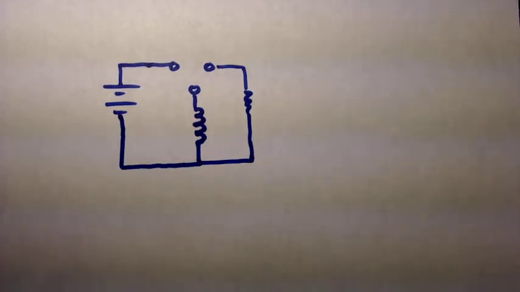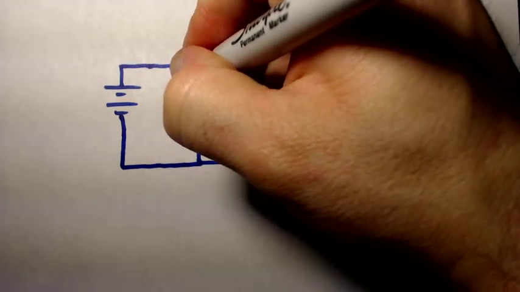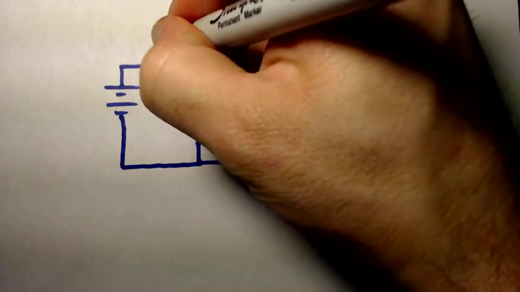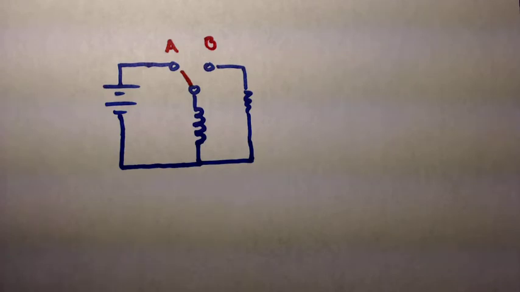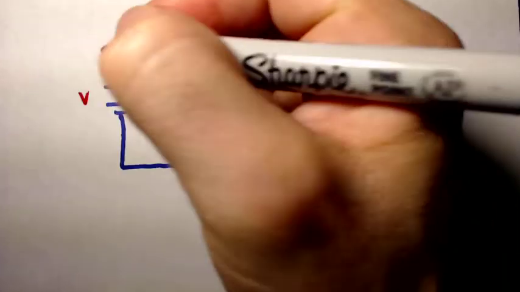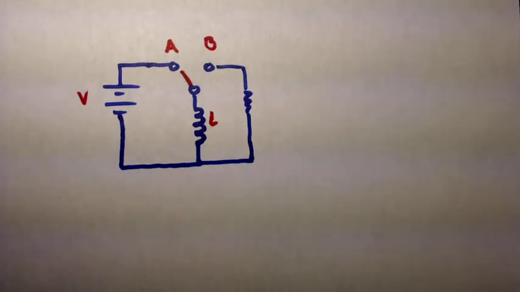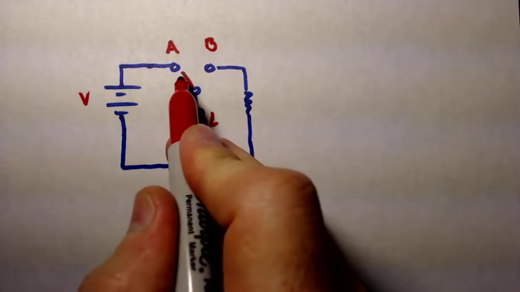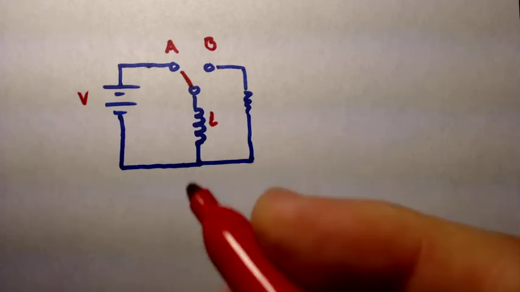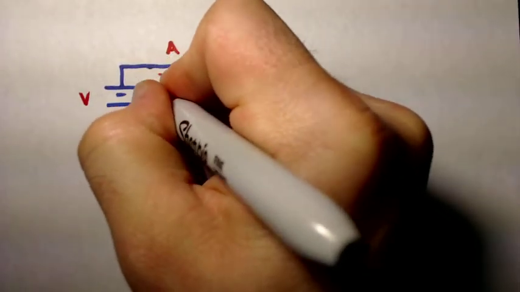Now, I'm creating a little selector switch over here. And let's write A and B. Some voltage source and some inductor. Now, if you notice, when I take the switch and flip it over to A, I get current flowing into this inductor.